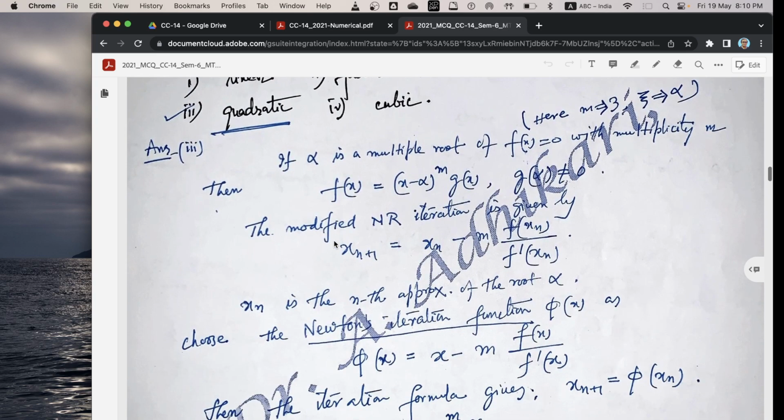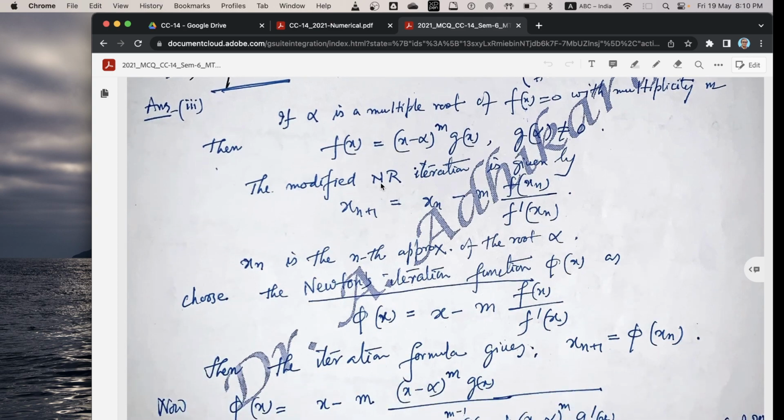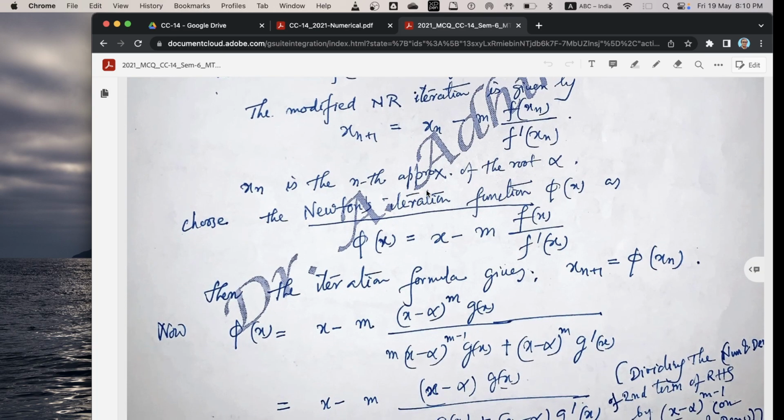Here we know alpha is a multiple root of the equation f(x) equals 0 with multiplicity m, and then f(x) equals (x minus alpha) to the power m into g(x), where g(alpha) is not equal to 0. And the modified Newton-Raphson iteration is given by x(n+1) equals x(n) minus m into f(x(n)) by f dash x(n), and x(n) is the nth approximation of the exact root alpha.